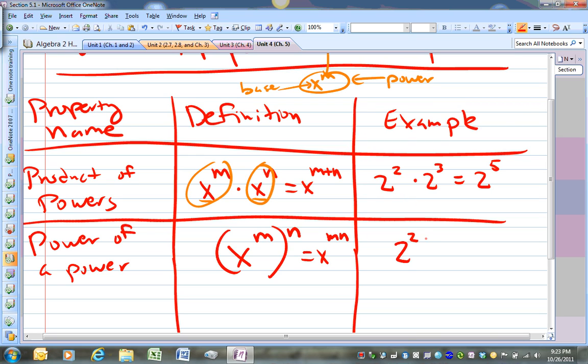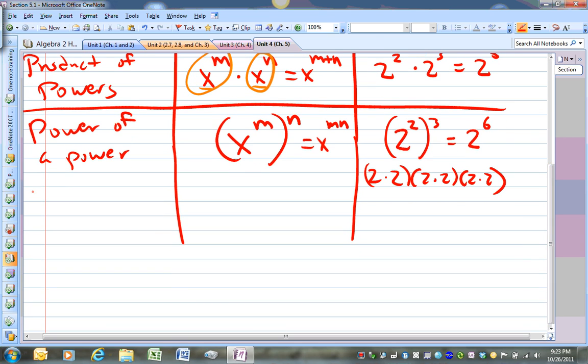So 2 squared, cubed, will be 2 to the 6th power. In this case, you have 2 times 2 occurring 3 times, and then count it, that'll be a total of six 2's.